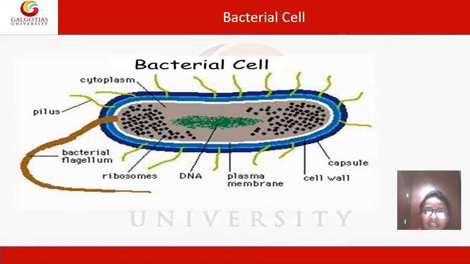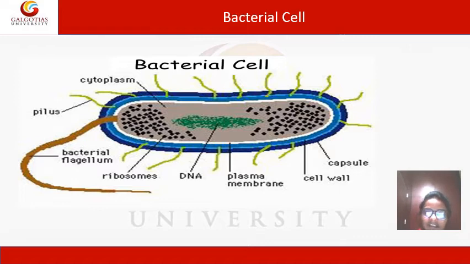This floating genetic material is not present in all bacteria, only in certain bacteria. This type of floating genetic material is known as a plasmid, or it can also be called an episome.